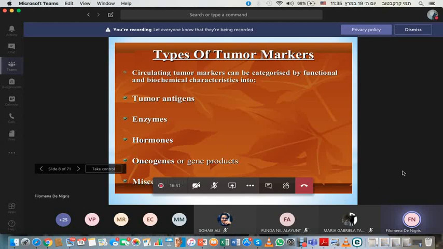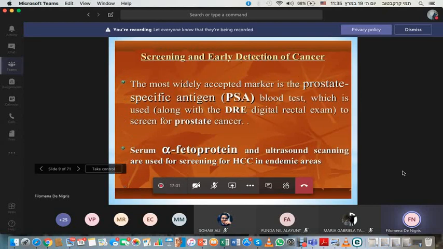We have, of course, oncogenes and many others. We talk at the end of our lesson about immunoglobulins, and also about specific antigens such as PD-L1. Probably someone told you about PD-L1, regarding the treatment of lung cancer.